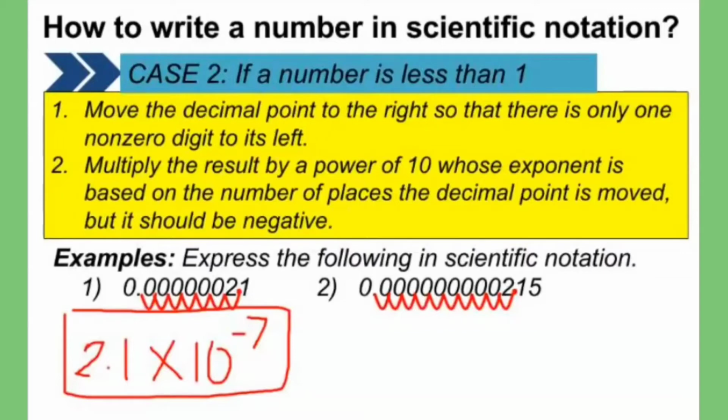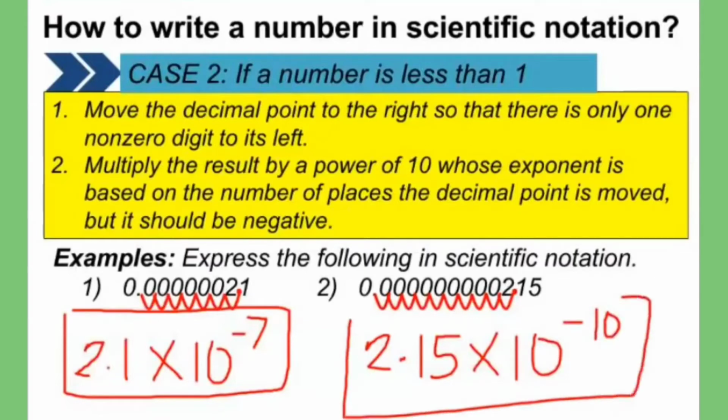And that is our digit 2. We now write it in scientific notation. We have 2.15 times 10 raised to the power of negative 10. And this is the scientific notation of our given number.